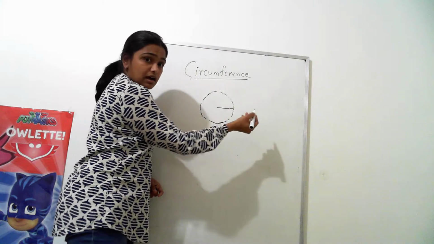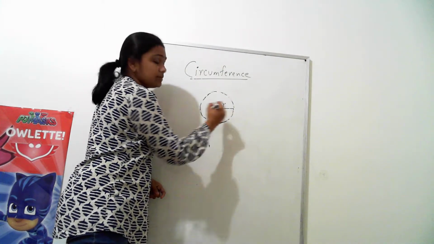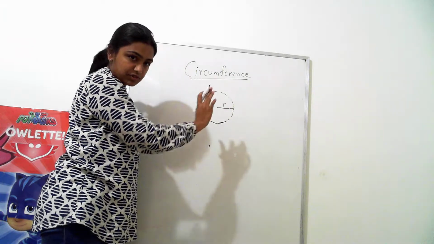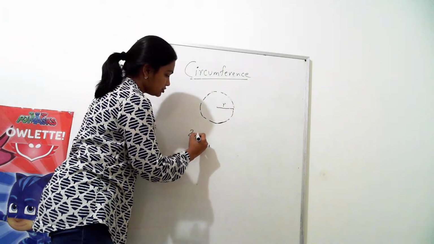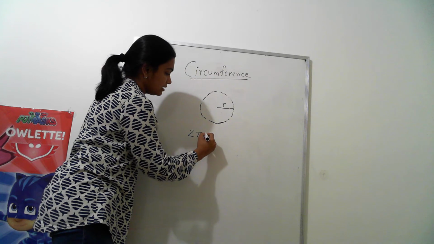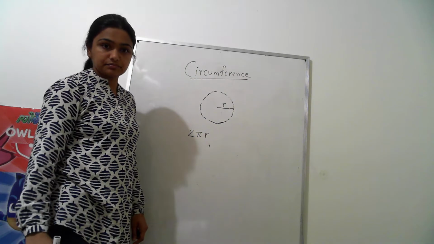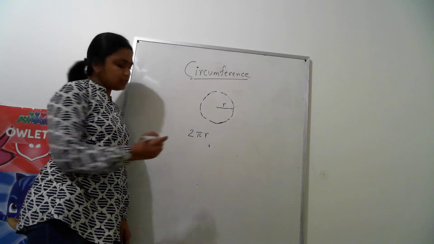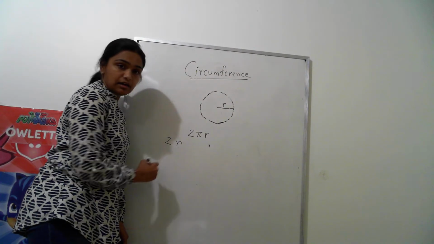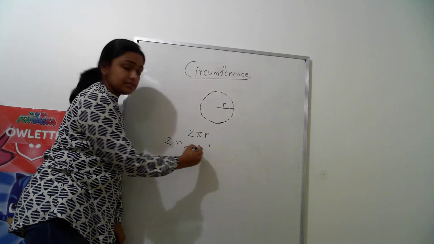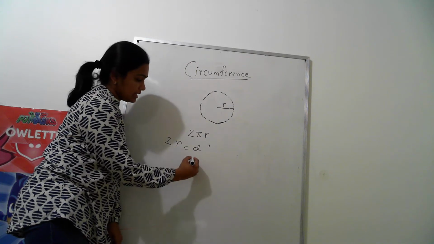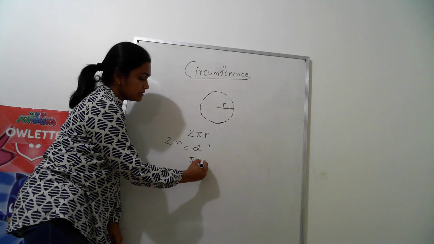Let's say the radius is denoted by r, and the formula to find the circumference of a circle is 2 pi r. Now we know that 2 times r is nothing but the diameter. So the circumference formula can also be written as pi times diameter.